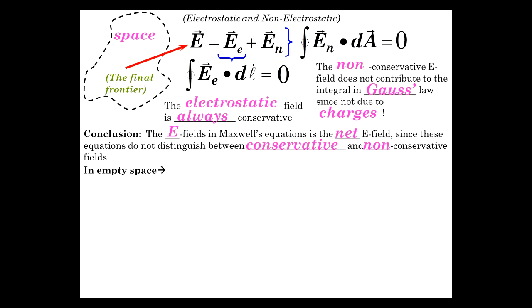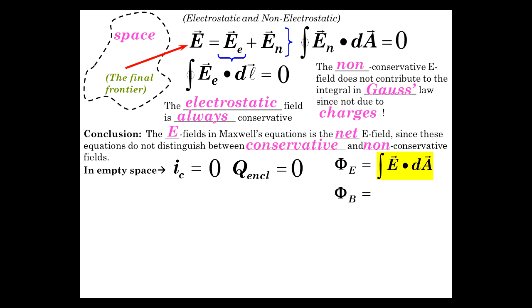Okay, well, in empty space, the conduction current is 0. Right? There's no charges flowing. Q enclosed, well, there's no charges in that empty space. It's also 0. Moreover, keep in mind that electric flux is integral of E dot dA, and magnetic flux is integral of B dot dA. And let's specify now, we're talking about empty space, closed integral of B dot dL, Ampere's law.